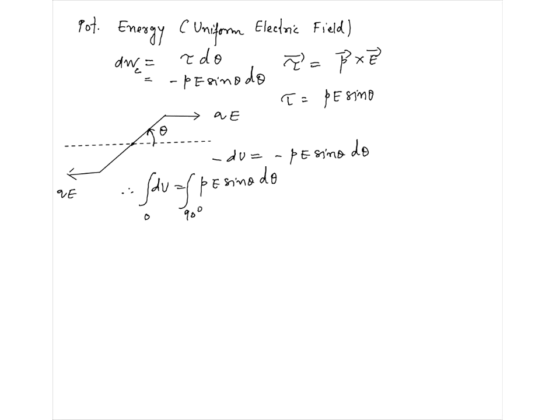Or let me write first the general. Maybe I can write theta 1 to theta 2, or maybe theta naught to theta. And likewise U naught to U. So U minus U naught, P outside, P is anyway constant because we are considering it as constant.